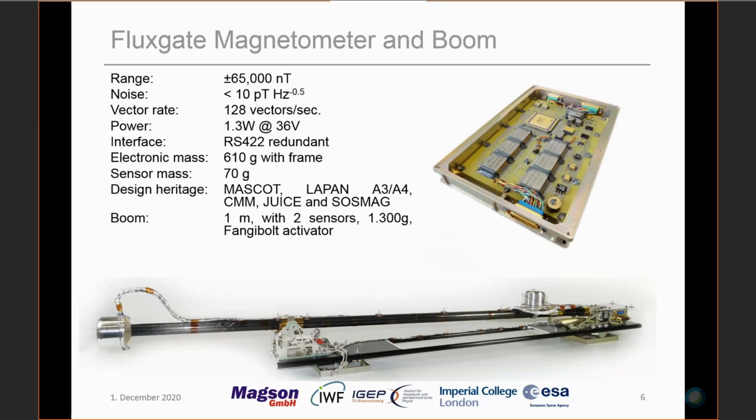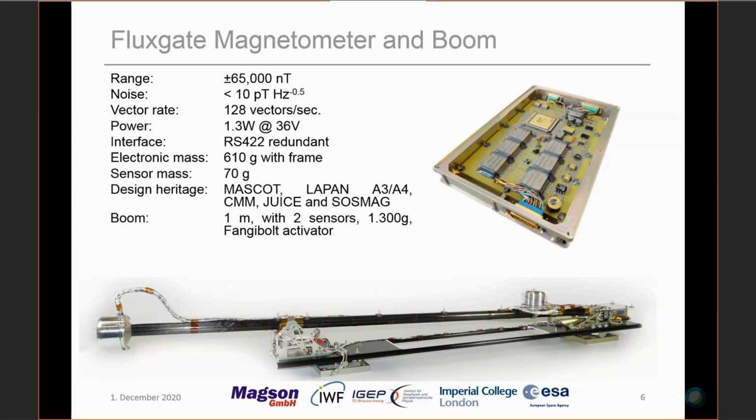This slide shows our standard design magnetometer for scientific spaceflight magnetometers, as used for Mascot, on board of 2 LATAN satellites, on board of JUICE, and last but not least SOSMAC. We have a range of 65,000 nanotesla that is adjustable to the requirements.